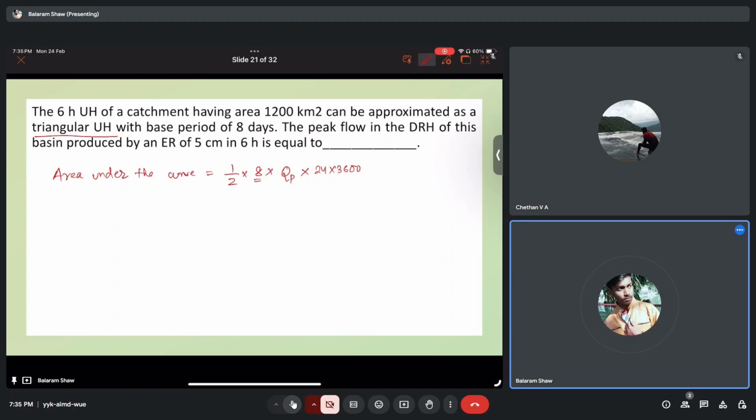right? So let's see, if you have the unit hydrograph, this is Q, this is T, this total is 8 days, and this is a 6 hour unit hydrograph.